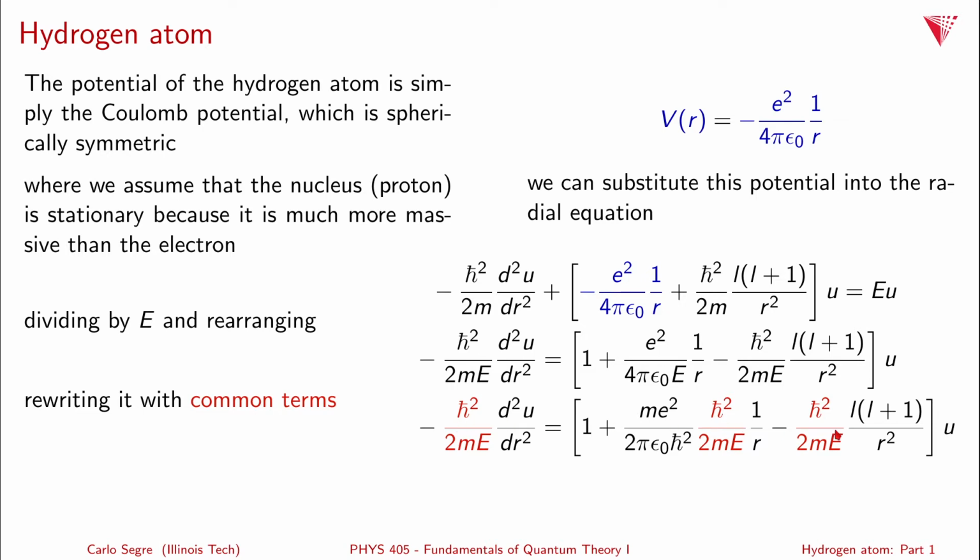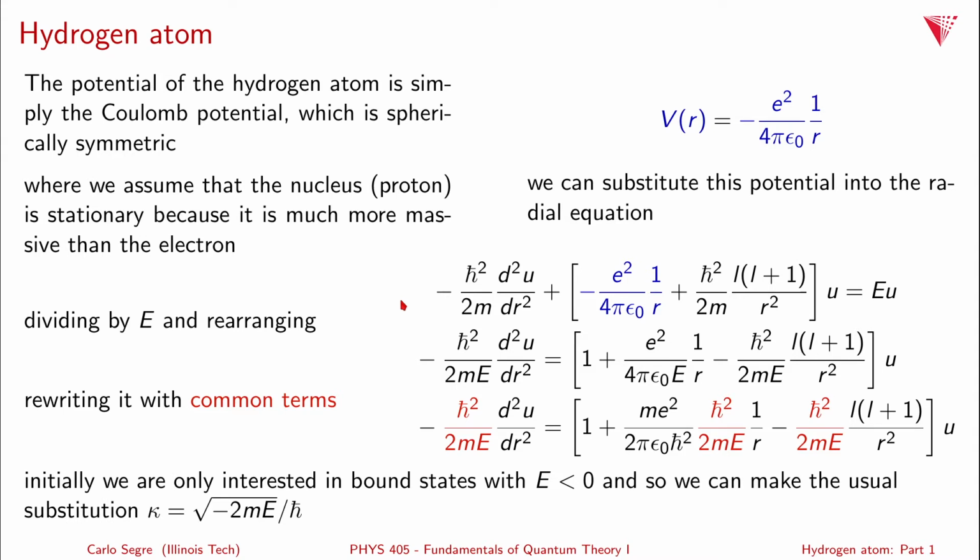We're now going to make the usual substitution when we have the requirement that the energy is less than 0. This potential is minus 1 over r, which means at the origin it goes to minus infinity, and at infinity it goes to 0. So any bound state will have an energy that's lower than 0.